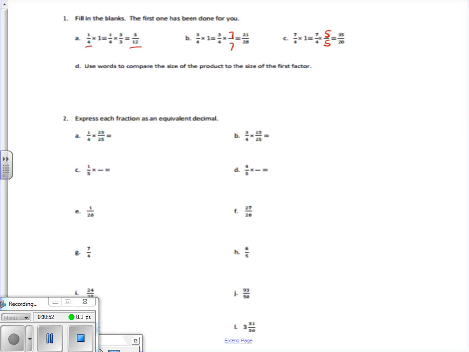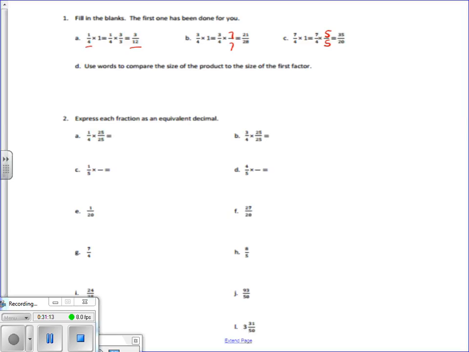and they are equal because we multiplied by 1. Every single time we're multiplying by a fraction that's equal to 1. We multiplied by 3/3, 7/7, 5/5.